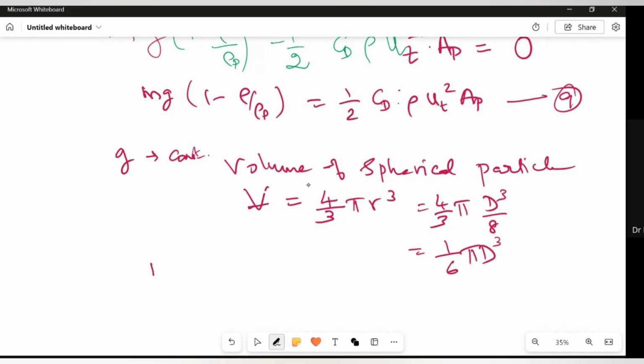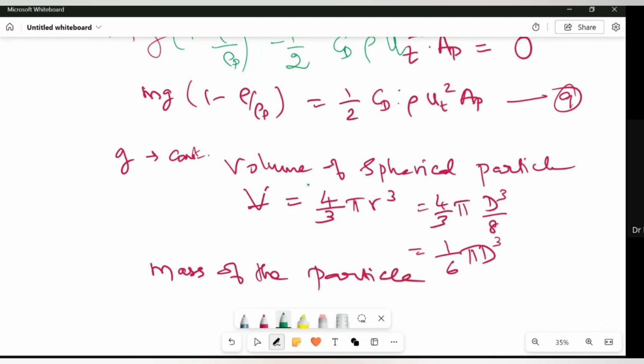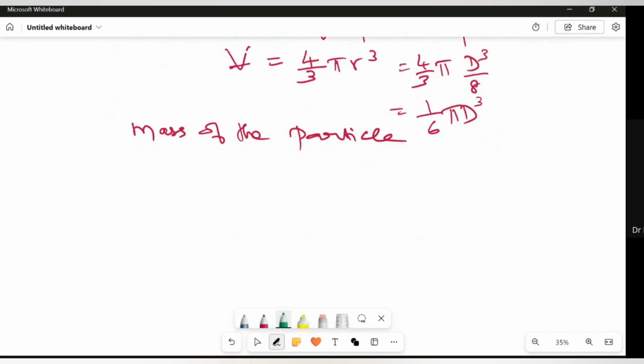So what is mass then? What is the mass of the particle? So volume is known, and we know the density of the particle. We know mass per unit volume is density. We have volume of the particle.